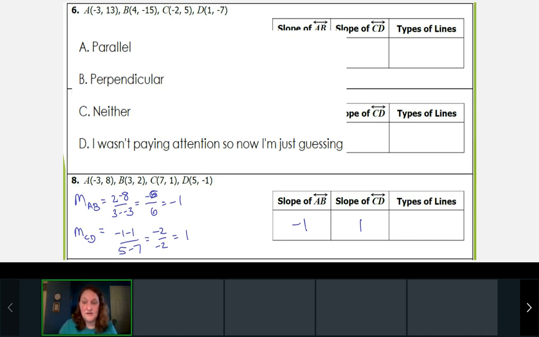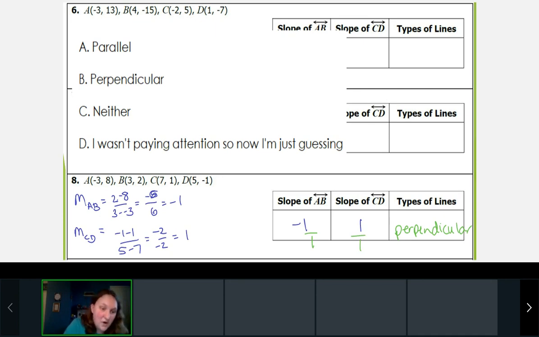Okay, so the answer here is actually perpendicular. Remember, 1 and -1 are opposite reciprocals. So our answer here is perpendicular. This is really the only number where your numerator and denominator are the same number, so when you flip-flop them, that's what you get.